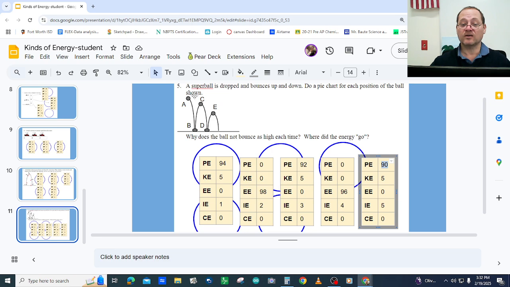Notice that because the pictures are showing me that the ball is moving evenly to the side, same speed, then the kinetic energy should remain the same for each of the cases. And notice also that after the first bounce, some of the energy is lost to the atoms. So when the second bounce happens, you get less elastic energy available.